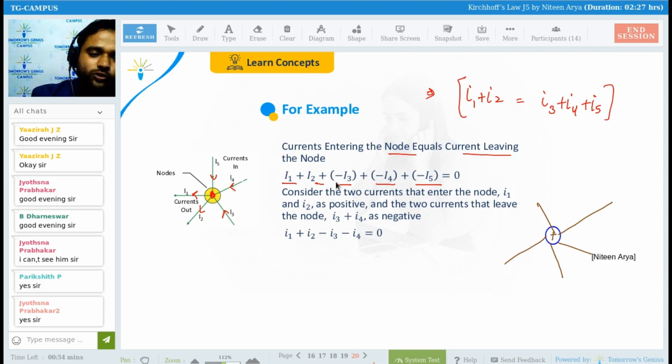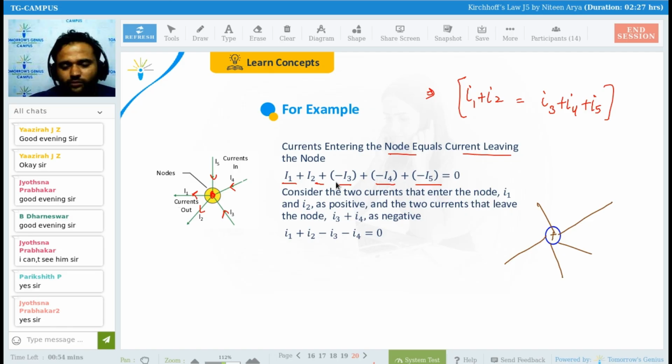In the same sense, the current going outward is taken as positive, and the current coming inward is taken as negative. Nothing more than that. Clear, everyone?